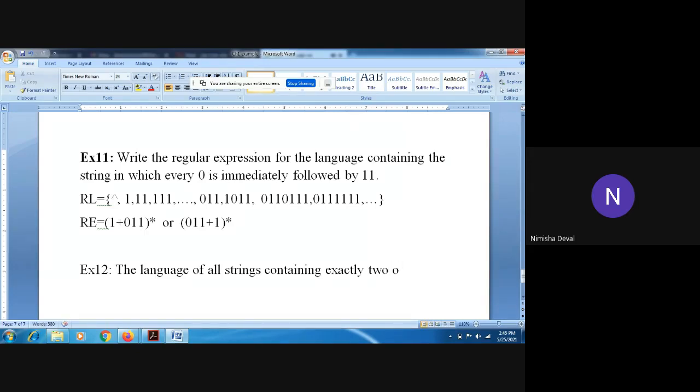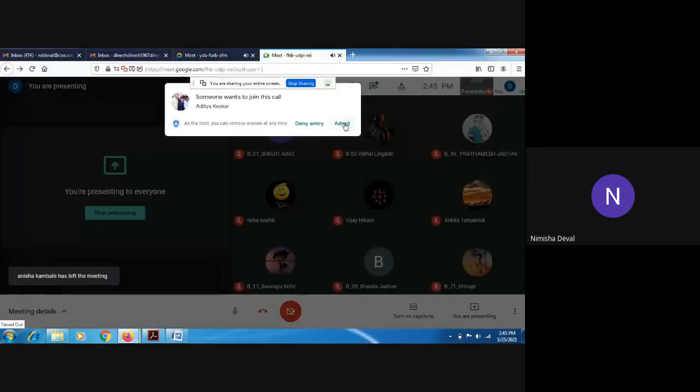Understood? It means a single zero is not allowed, more than two zeros are not allowed, and if there is no occurrence of zero, that is also not allowed. Exactly two zeros are there. You can write it in the consecutive format or in the split format. Okay, no problem.